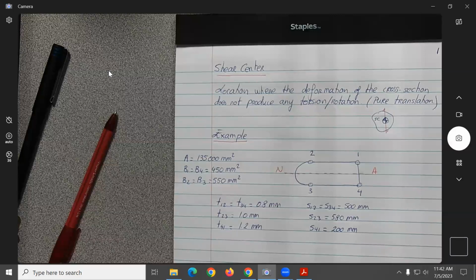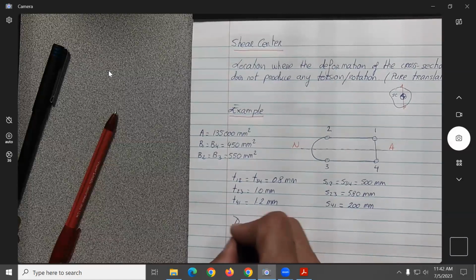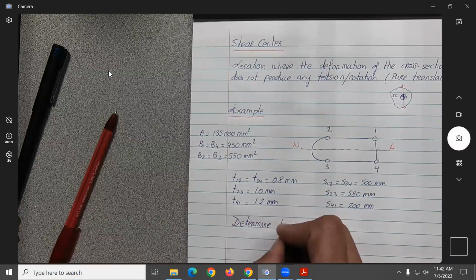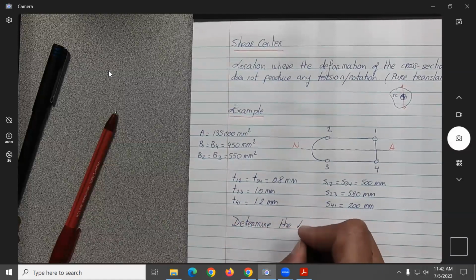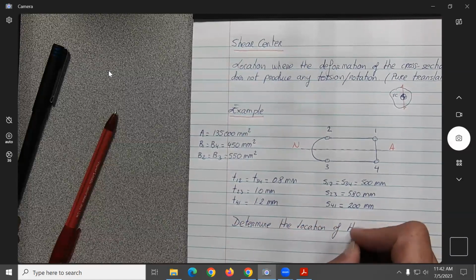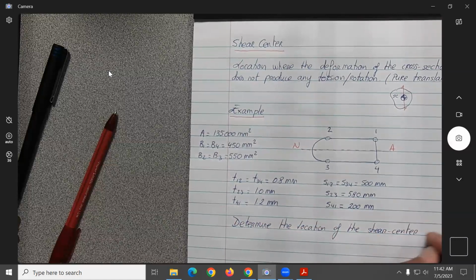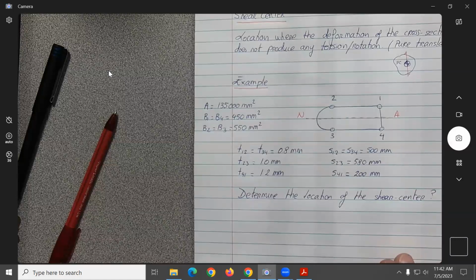Let's see, no, this one we don't need the G, so the question here is to determine the location of the shear center.